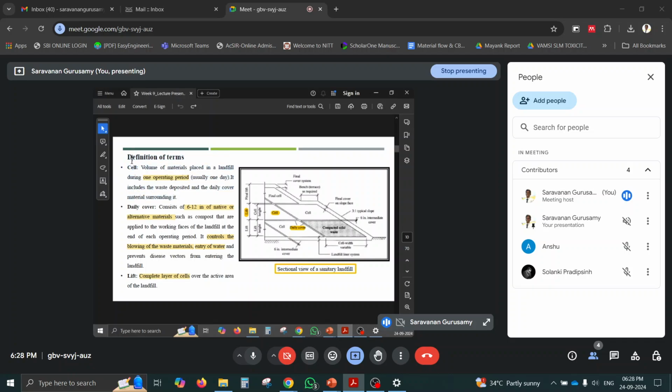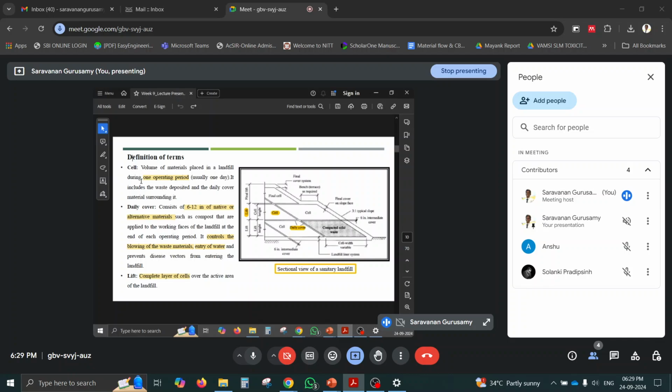Like that, landslides may happen in landfills also. So we have to maintain a proper slope. Otherwise, this type of landfill may slide and it will contaminate the nearby area, and we will have lots of losses due to these landslides. So we have to maintain a proper slope, typically 3:1. So the first component is the cell.